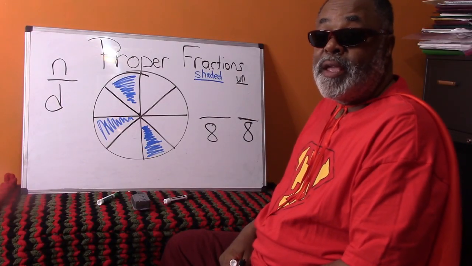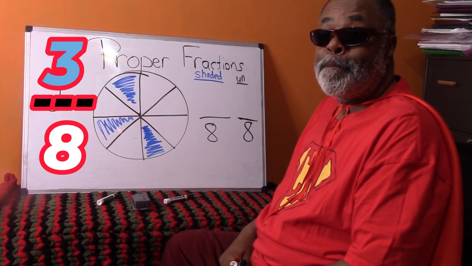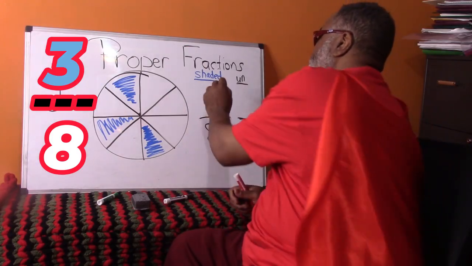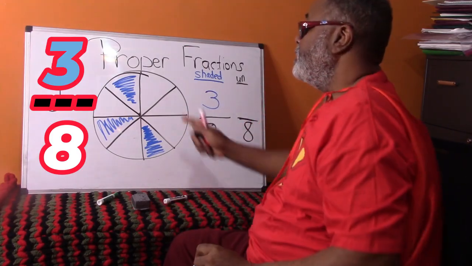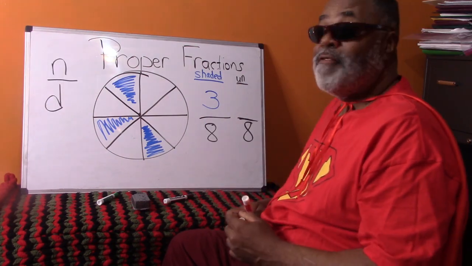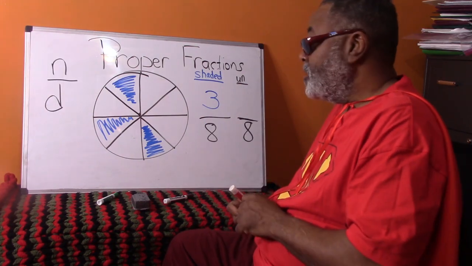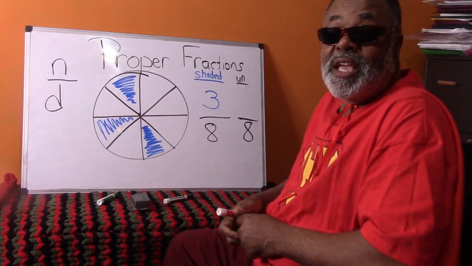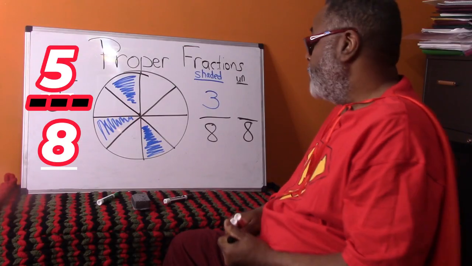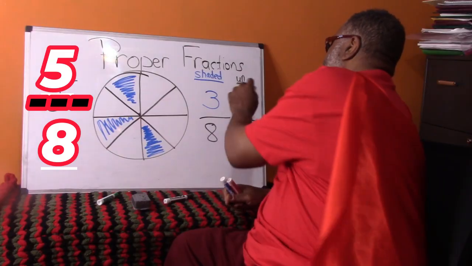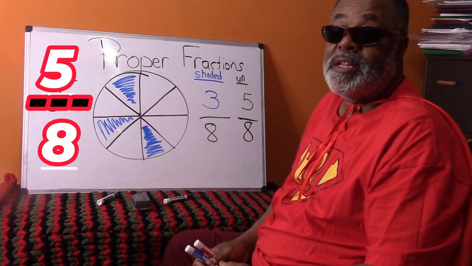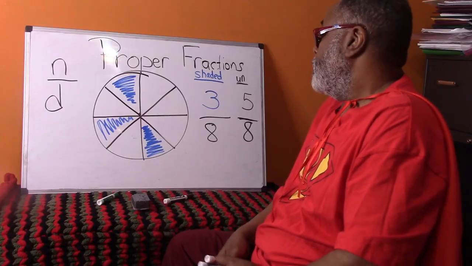What fraction is shaded? What would you say? That's right. 3/8 of this circle is shaded blue. What fraction of this circle is unshaded? That's right. 5/8 is unshaded. So we can compare.